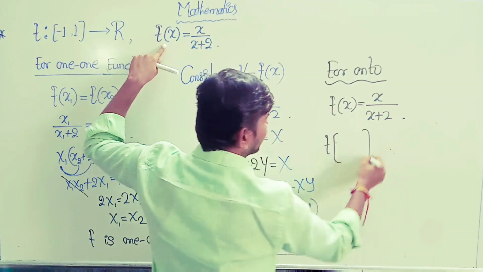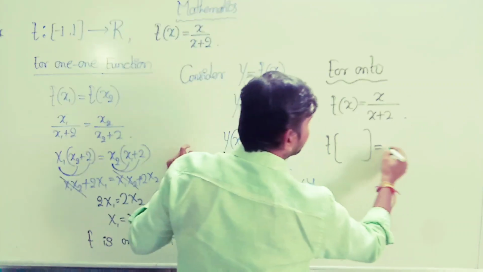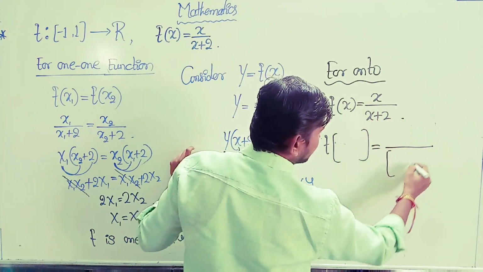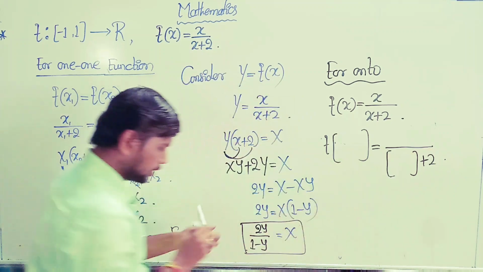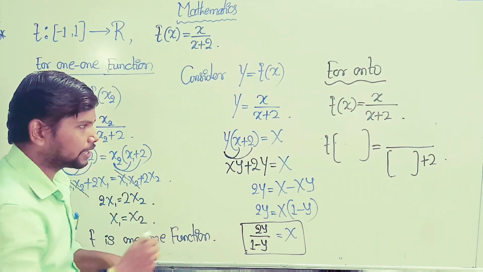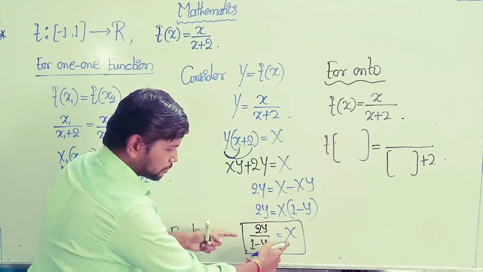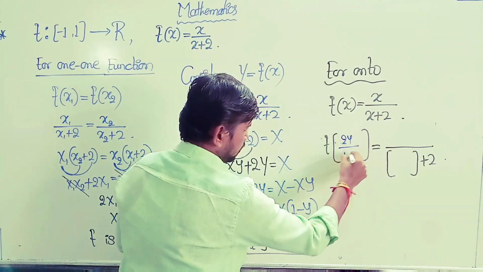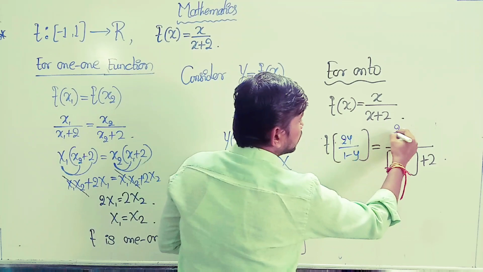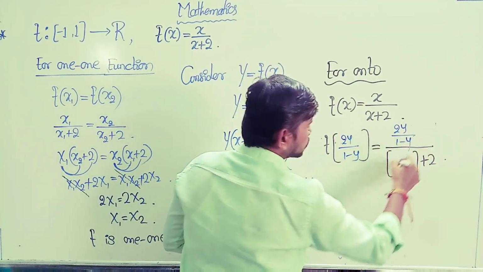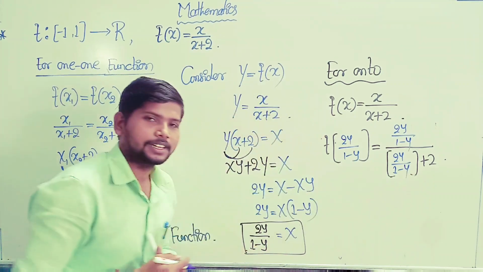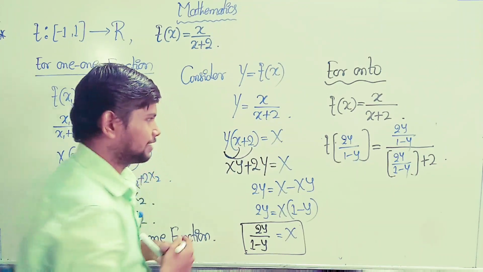I like to keep the x place empty, again numerator x place empty, in the denominator x place is empty plus 2. What is x value? Yes, x value is 2y divided by 1 minus y. Here also, 2y divided by 1 minus y. Here also 2y divided by 1 minus y. Got the point clearly?